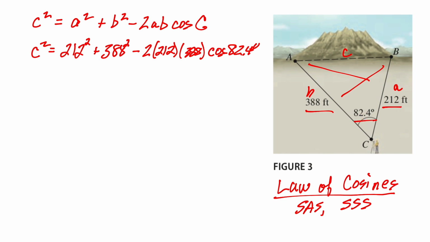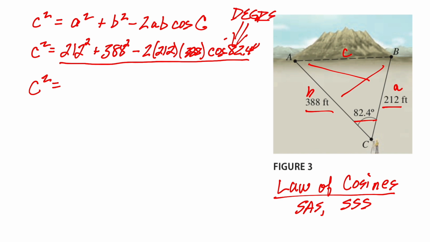So at this point in time, I just have my students pull their calculator out, and they can just type all of this straight away into the calculator. Naturally, make sure that you are in degree mode. If you are not in degree mode, you're going to get funky looking answers, because 82 radians is a lot of radians.